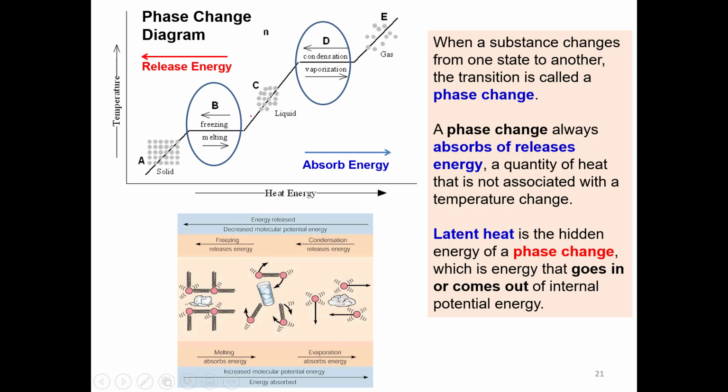The reason is in this case, all the energy is used for the phase change. Yes, all of it changes the internal energy of the substance, and this is why there is no change in temperature.